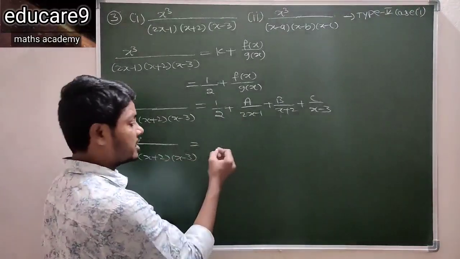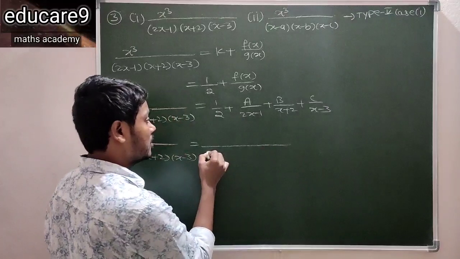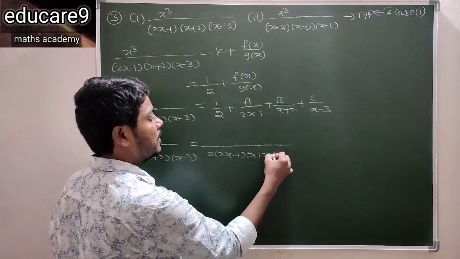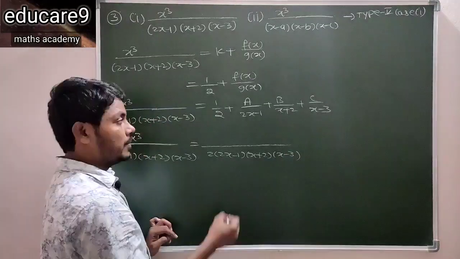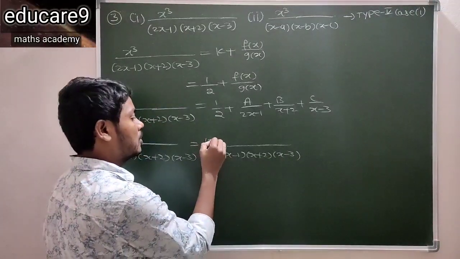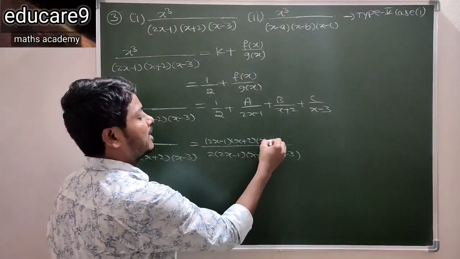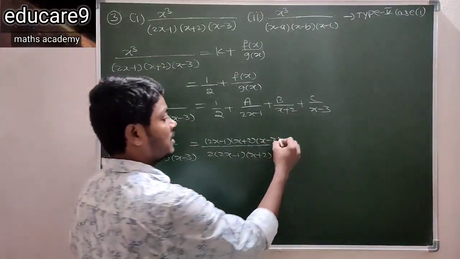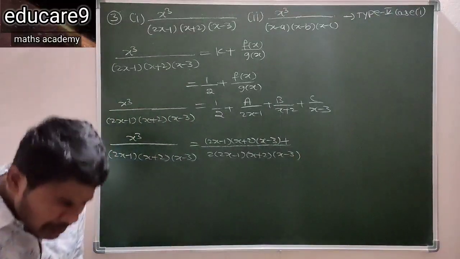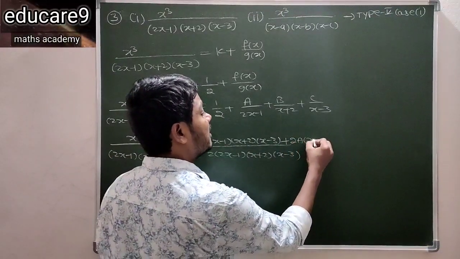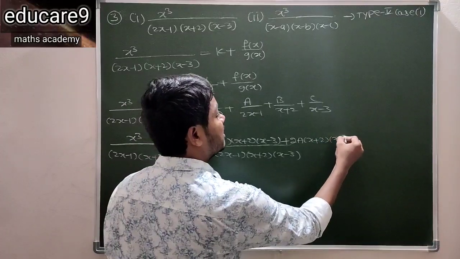So clearly what is the LCM here? 2 into (2x minus 1) into (x plus 2) into (x minus 3). So numerator, (2x minus 1)(x plus 2)(x minus 3) plus 2a into (x plus 2)(x minus 3).